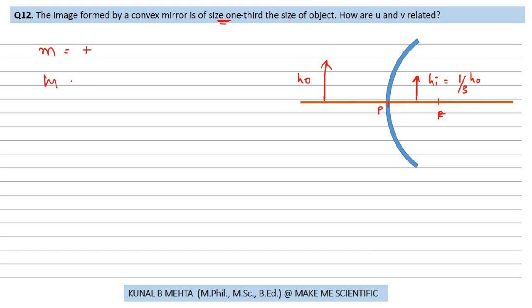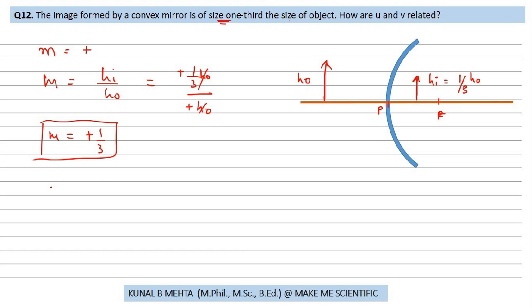First of all, let's find out how. So magnification is hi upon ho, and magnification is 1/3 of the height of the object, which is positive, and here ho is also positive, because in case of a convex mirror the image and object both are erect. So my answer would be magnification is equal to +1/3.